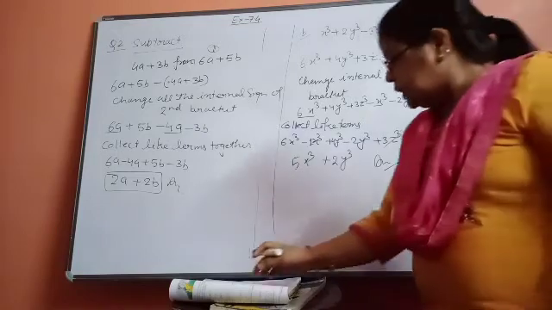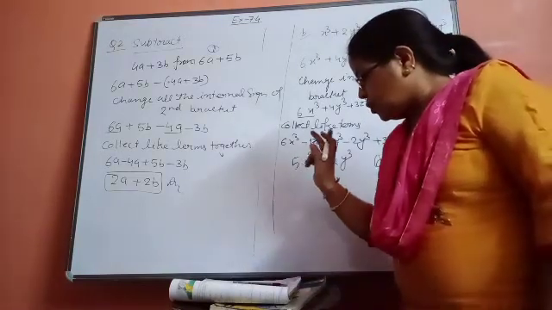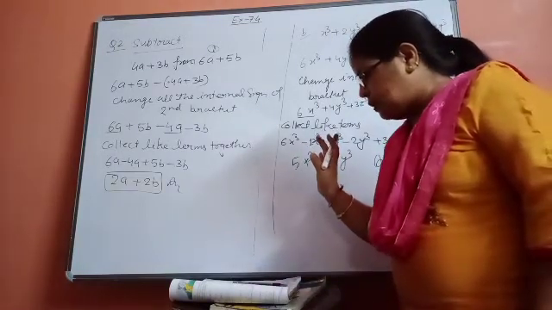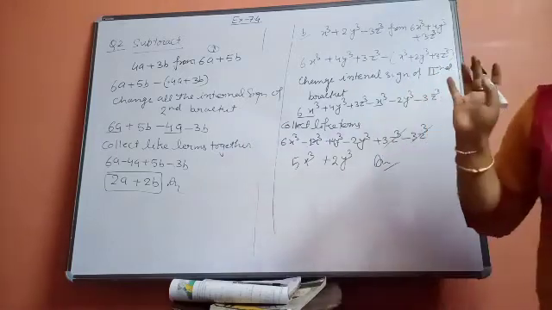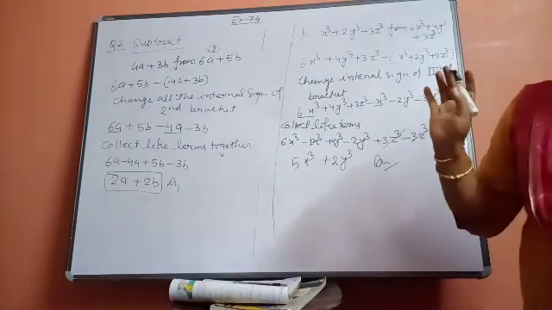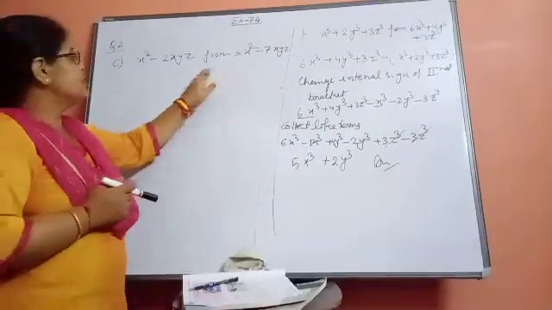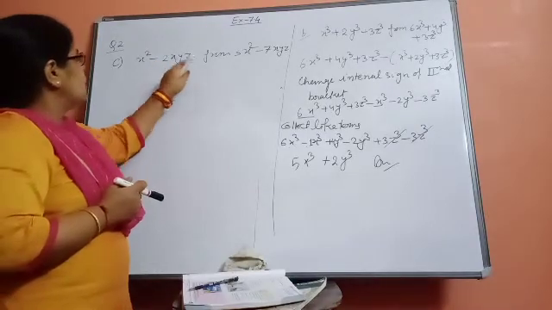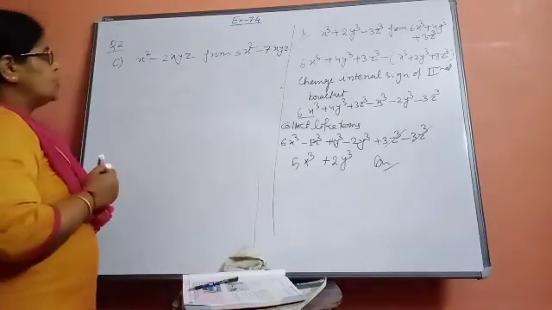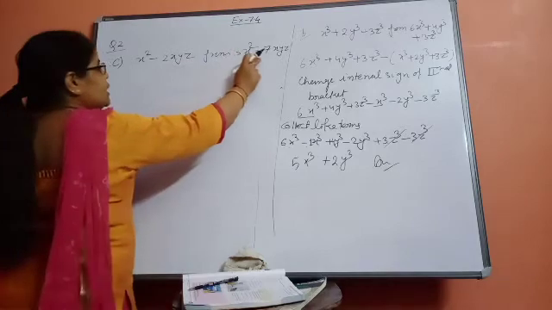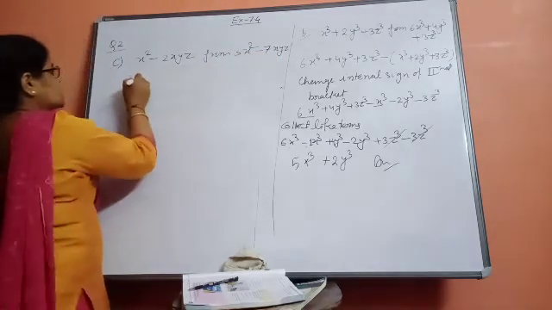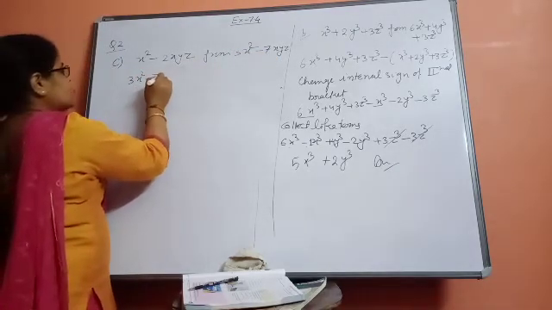So C and D, one or two more parts I am going to do, and afterwards you will do the rest of the parts of this question yourself. See that now. C part of the question, this you have to subtract from this. What I taught you, that the from part will be written always first. So 3x square minus 7xyz.